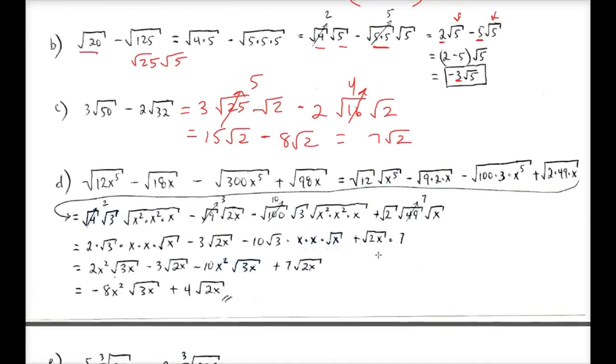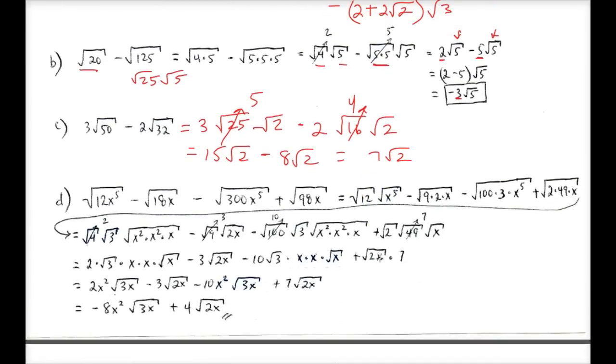Moving on to the next example, you see that this one is a little bit involved, but the concept is the same. So we take square root of 12x raised to the fifth, and you can see here we break down square root of 12 as square root of 4 times square root of 3. We break down square root of x to the fifth as square root of x squared times x.